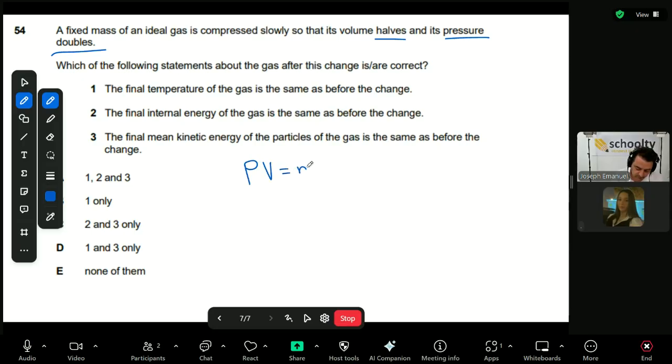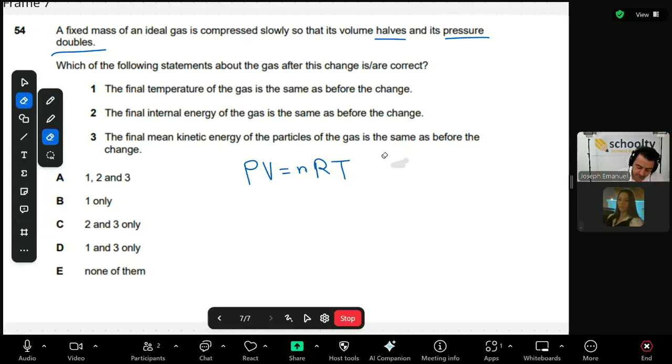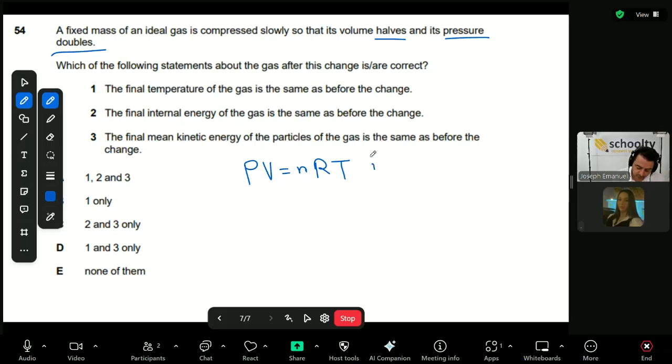We're going to use for the first one the ideal gas equation. PV equals nRT. This is the ideal gas equation, which here, what is P?